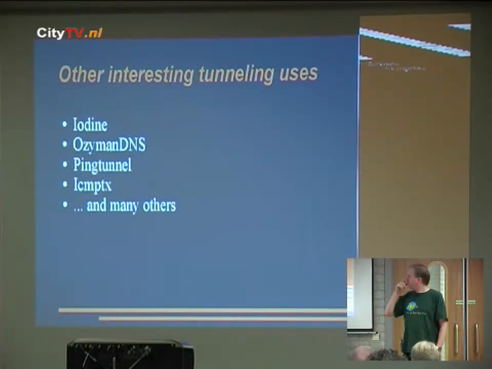And Iodine and OzymanDNS, and Ozyman is written by Dan Kaminsky, tunnel traffic over DNS requests. So they usually work because, well, DNS practically works anywhere. The side effect of this, or the low point of this, is that it's quite slow.